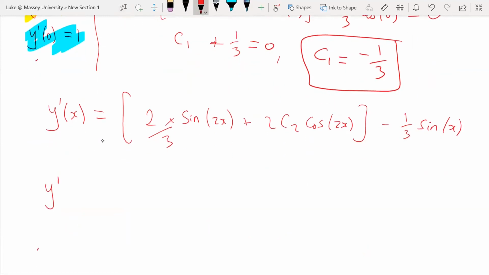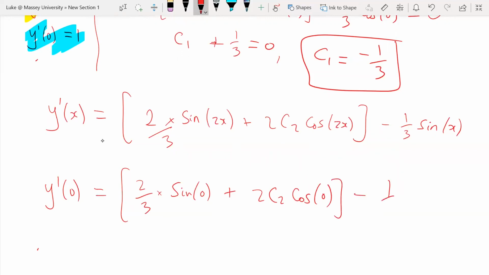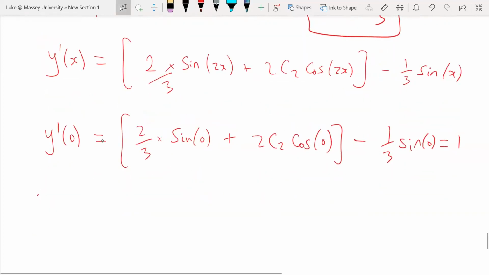Now if I look at the value of y prime of 0, this is equal to 2/3 times sine of 0, which is 0, plus 2 c2 times cosine of 0, which is 1, minus 1/3 of sine of 0, which is 0. And that is supposed to equal the initial condition value, y prime of 0 equals 1. Simplifying, I get 2 times c2 equals 1, so c2 equals 1/2.